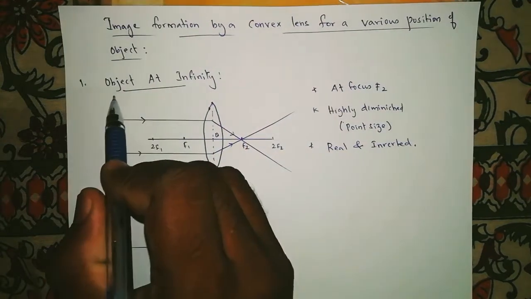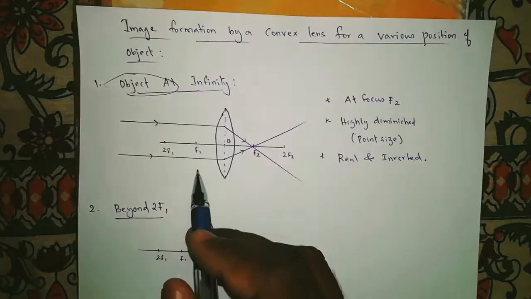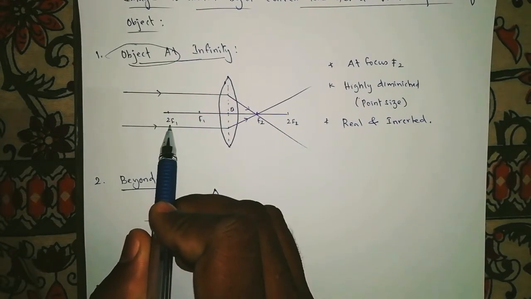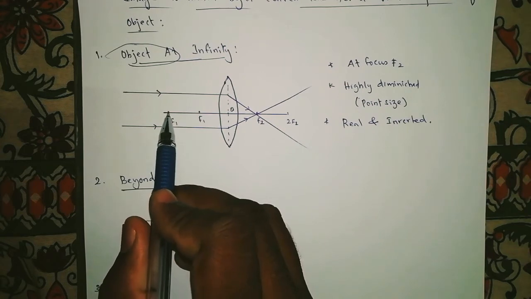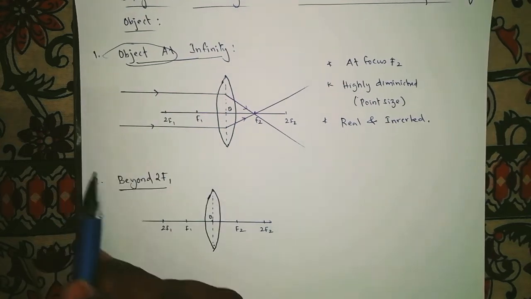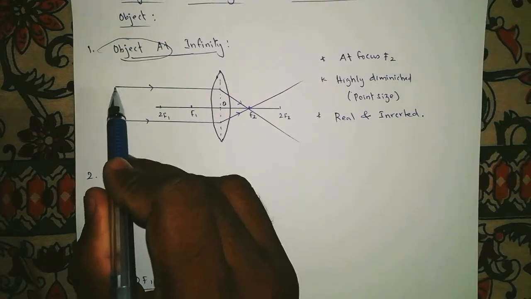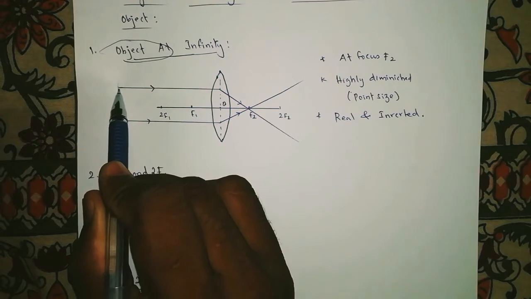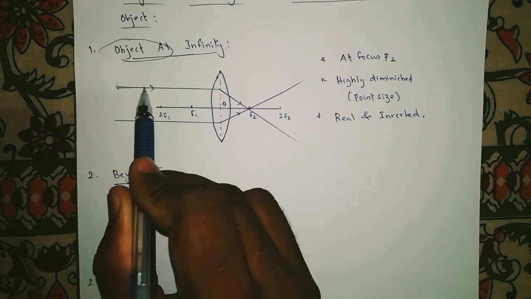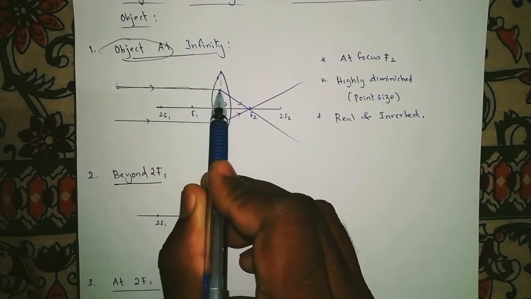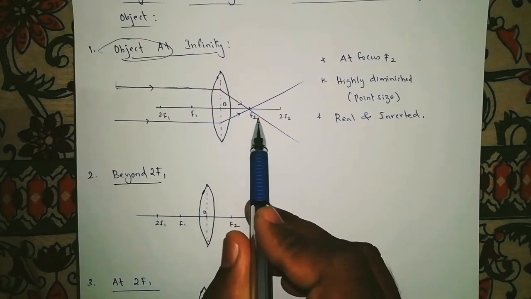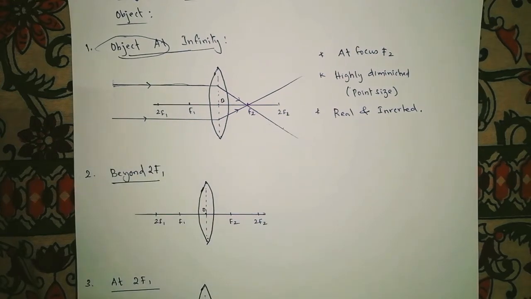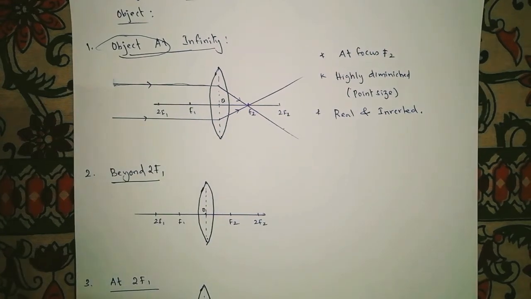Okay, the first thing, now the object is placed at infinity. Infinity means behind 2f1, that means a little behind the center of curvature. Think that this may be the object, and the object is placed here. So the ray of light which comes here goes towards the focal point. Why do we have to take two different types of rays?